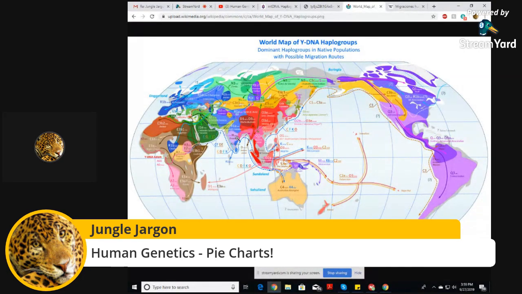Some of them went down here to India because they're represented over here, C in India. And of course, in this region here, and also Australia, which are the Aboriginals. And of course, the C made it all the way to America as well.